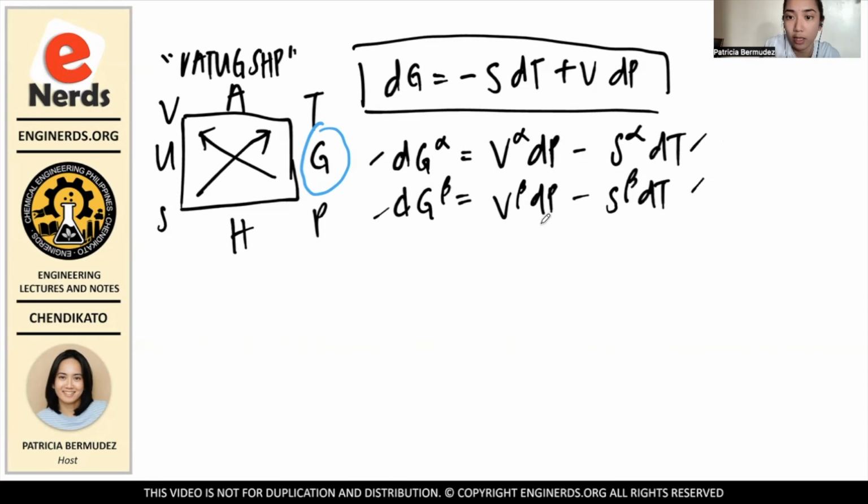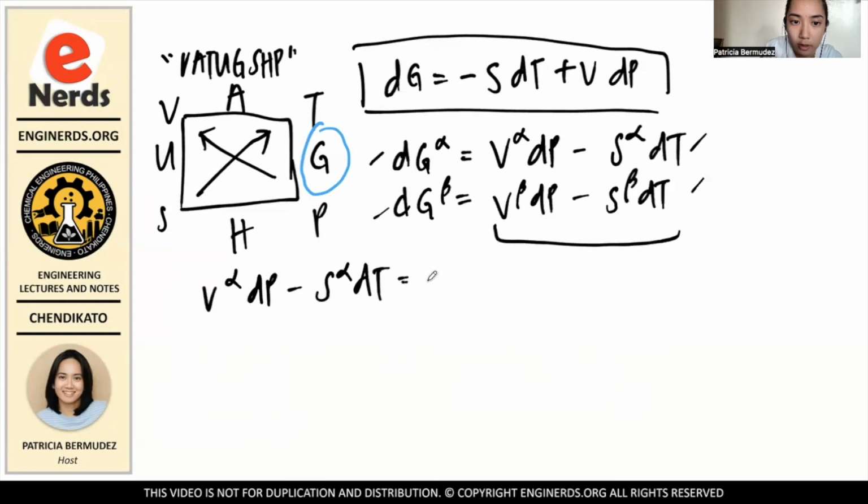So we're gonna relate these two here on the right side of both the equations. So we know that V alpha dP minus entropy alpha dT is equal here sa beta naman, V beta dP minus entropy beta dT. Okay?